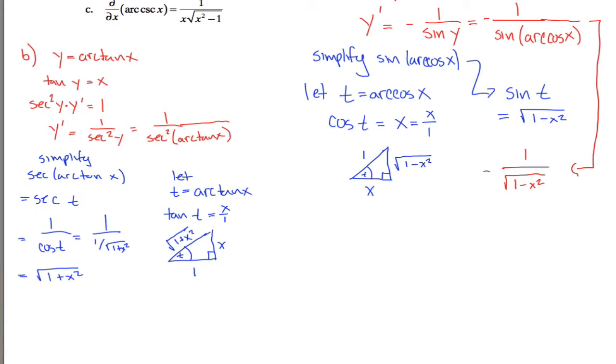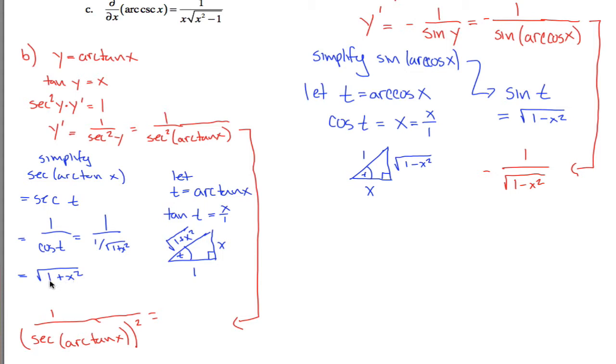And why does that help? Because my answer up here was 1 divided by secant squared of arctangent of x. Another way you can write that is secant of arctangent of x, squared. I just simplified secant of arctangent of x.